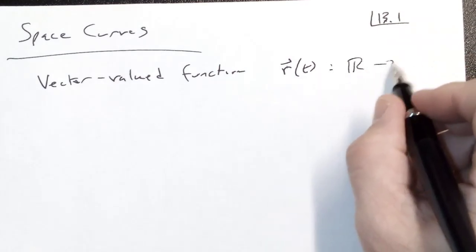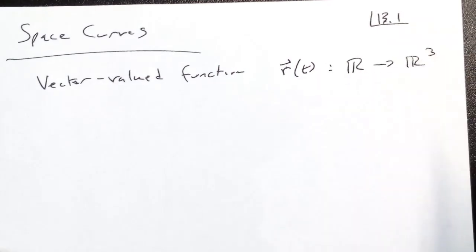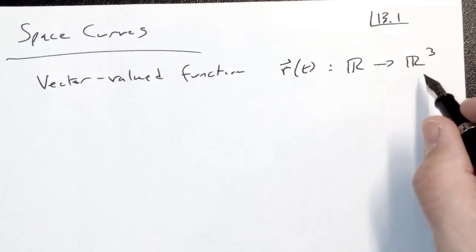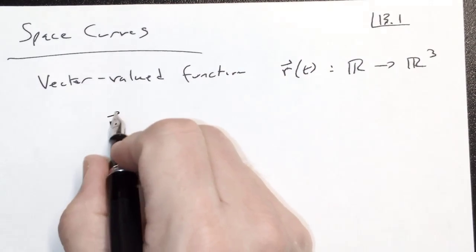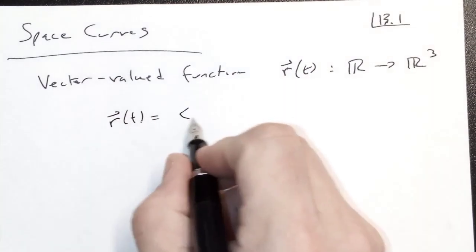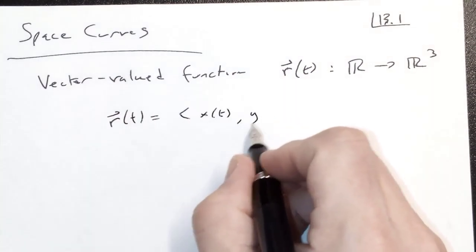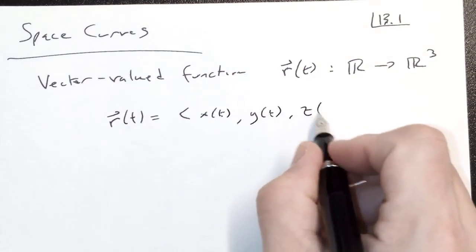Its input is a single number. So r of t is just a number, but we get out a vector in 3 dimensions. So I can think of r of t as 3 functions, x of t, y of t, z of t.